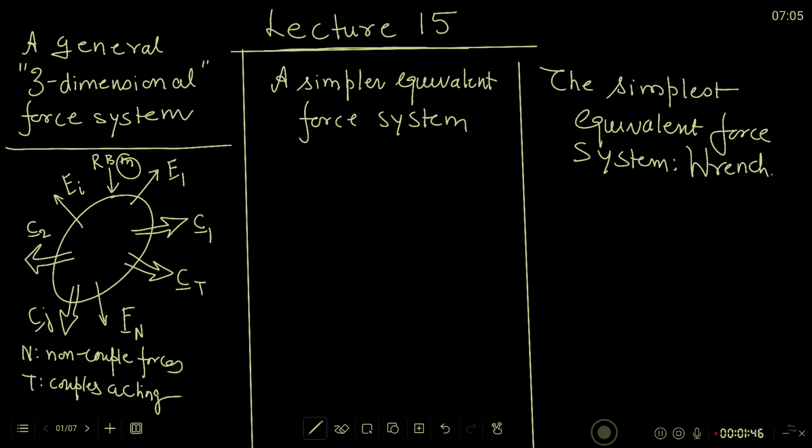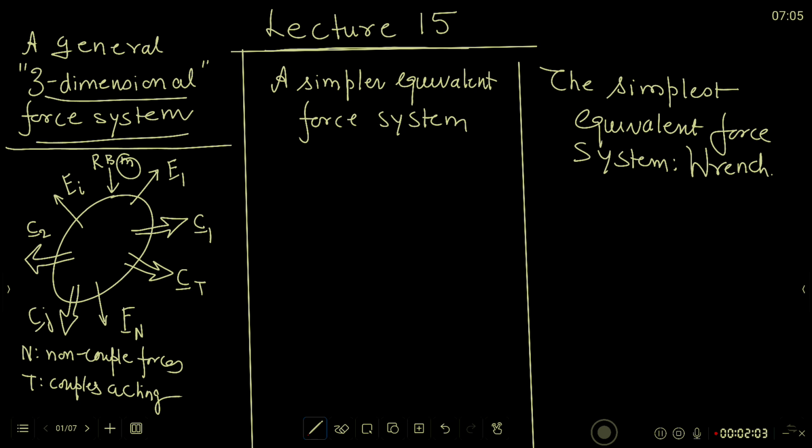Now this looks like a complicated force system. I call it complicated because there are numerous forces, non-couples and couple, acting on it. I also call it a three-dimensional force system.